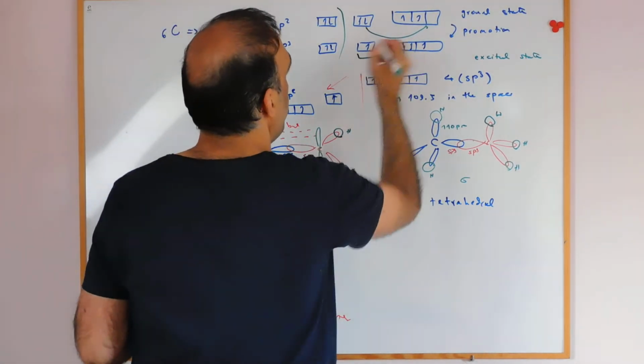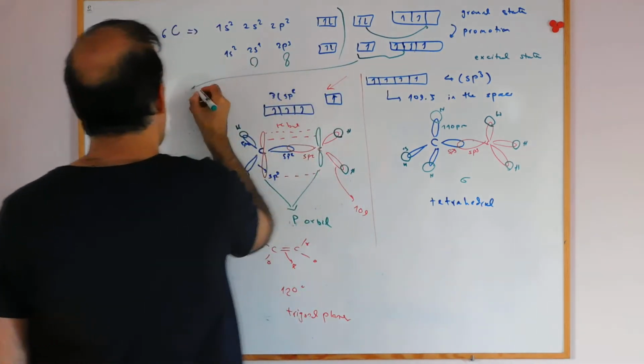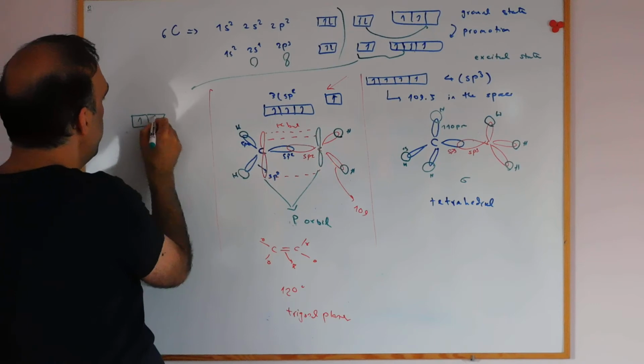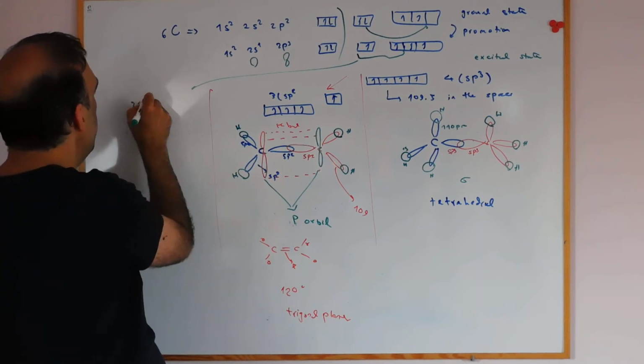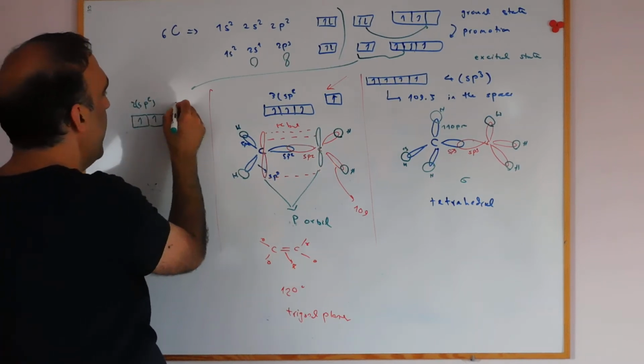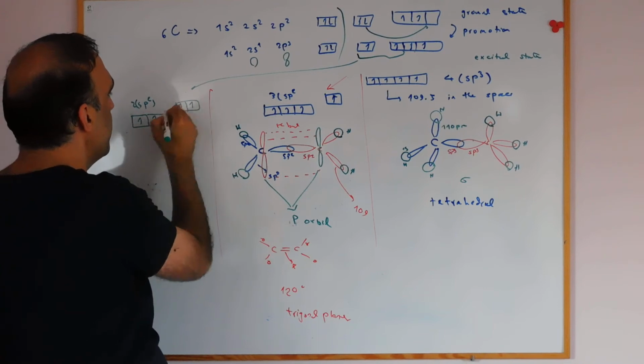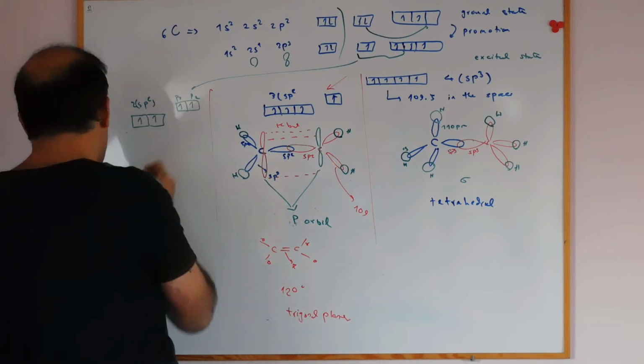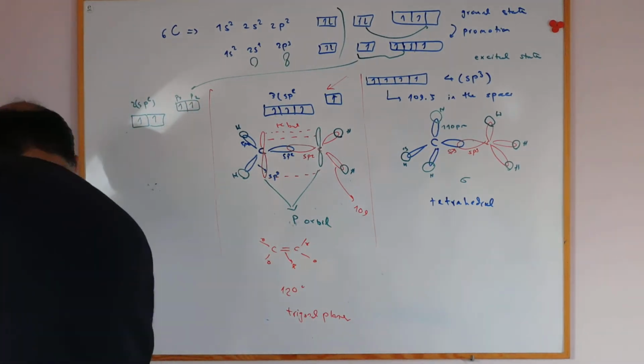one s with one p orbital, we will have 2 sp orbitals and 2 p orbitals, for example py and pz. Again, I draw it.